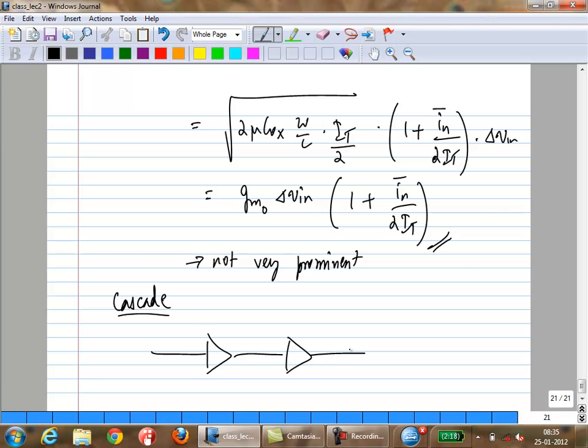So, you can replace the input referred noise of each one of these blocks at the input. And if you want the overall input referred noise, the input referred noise gets divided down by the gain of the first block. So, if you have a cascade of stages, the noise of the second one becomes less prominent. That's why if you look at many systems with multiple amplifiers, you are much more worried about the noise of the first stage rather than the noise of the succeeding stages.